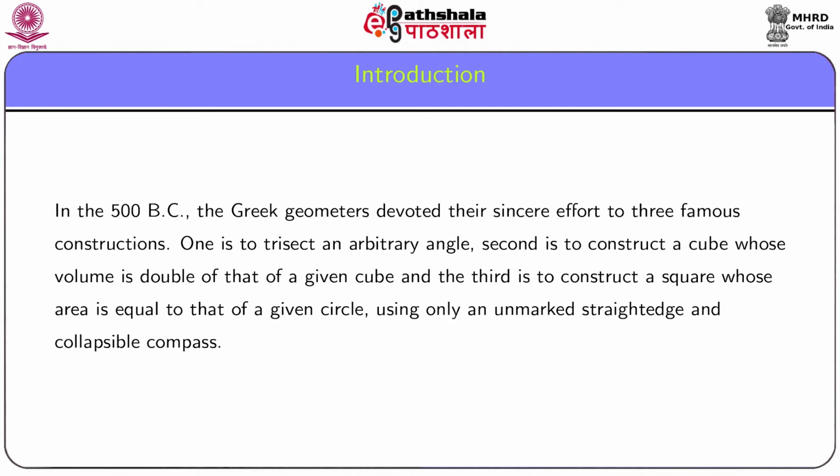So, it does not make any difference whether we are using a collapsible compass or a movable compass. But the most important thing to note is that we are using the straightedge which is unmarked. That is, we can use this only to draw a straight line, not to measure any length.